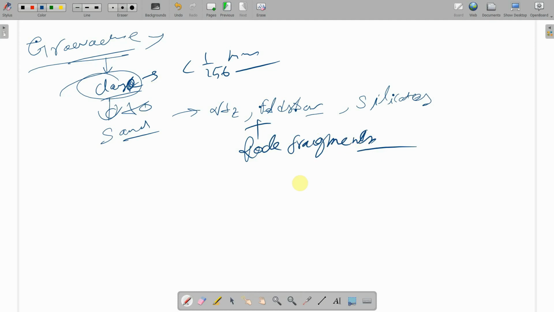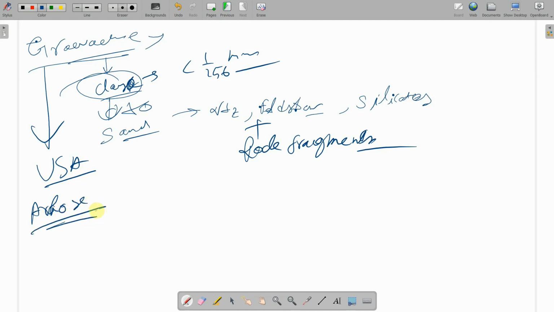Non-feldspathic greywackes form excellent reservoir rocks. Sometimes you will find greywacke reservoir rocks on the USA side, and non-feldspathic greywacke forms excellent reservoir rocks. Another type of reservoir rock is arkose.